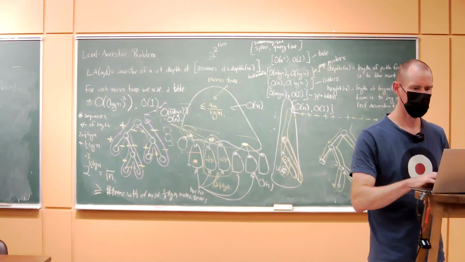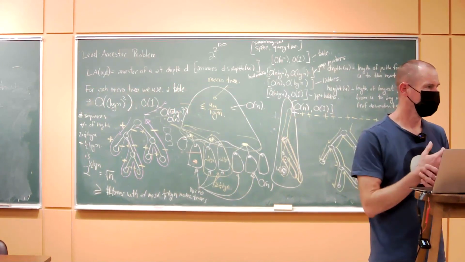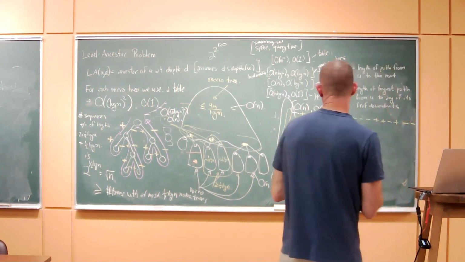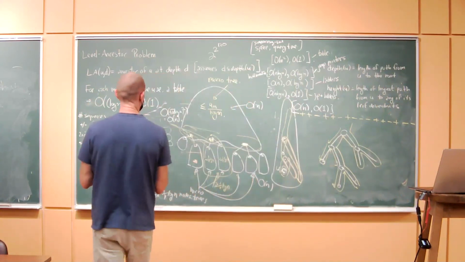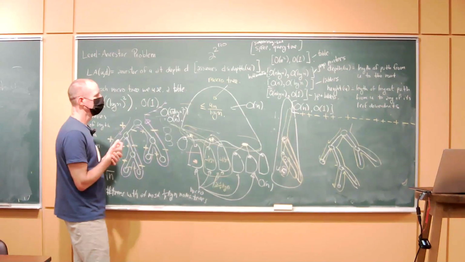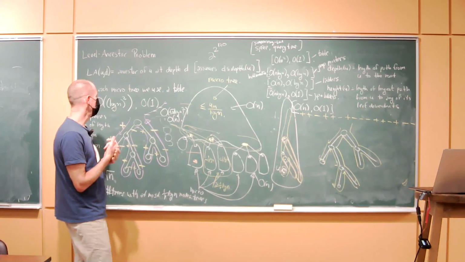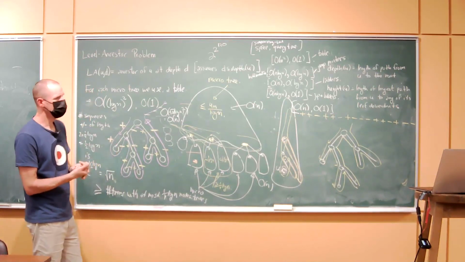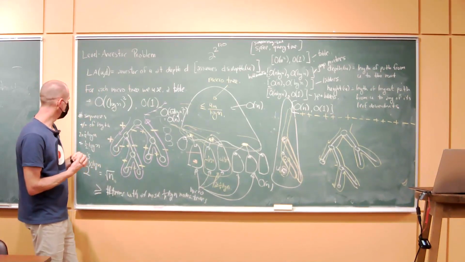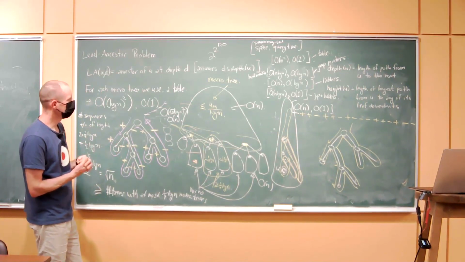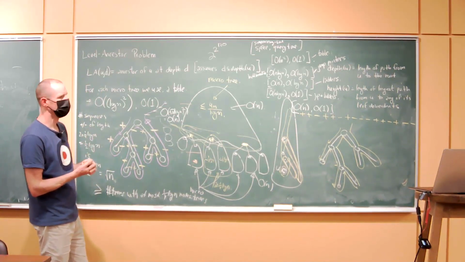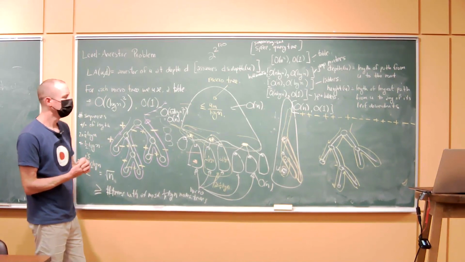I'm just curious, from the design perspective, where did the 1/4 show up? Why did 1/4 log n show up? It's weird because it shows up before we use it anywhere.